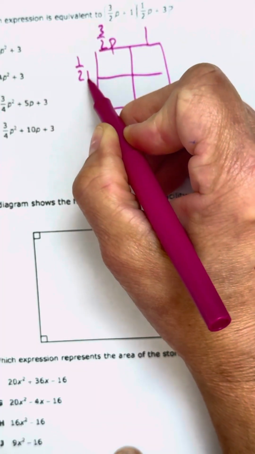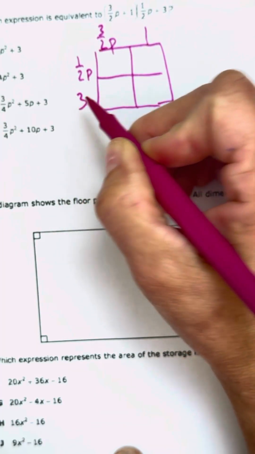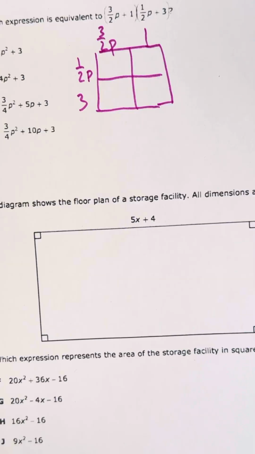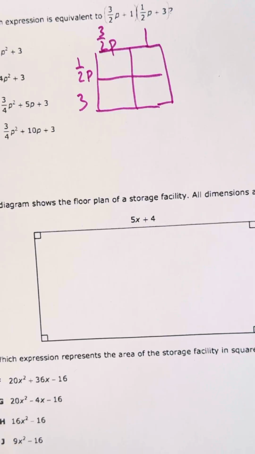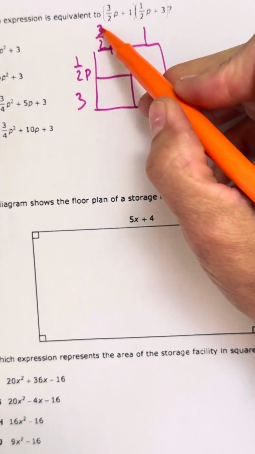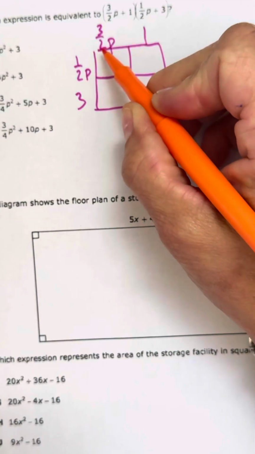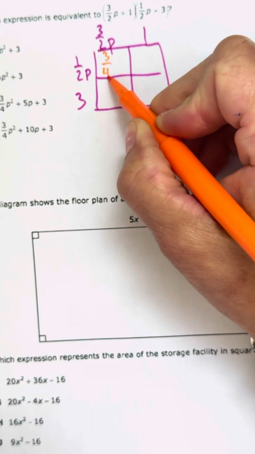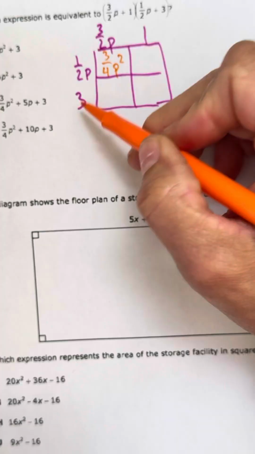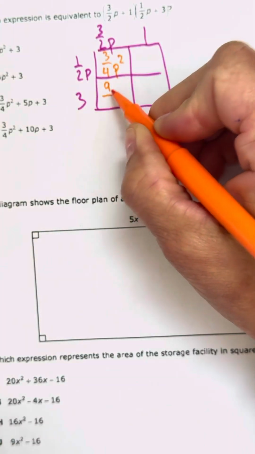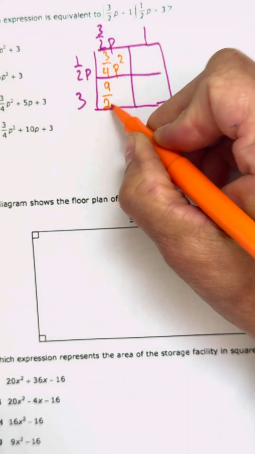So 1/2 P and 3. And don't forget, your calculator will multiply for you. So you're going to do 3/2 times 1/2. So 3 times 1 is 3. 2 times 2 is 4. P squared. 3 times 3 is 9. And 2 times nothing is 2.